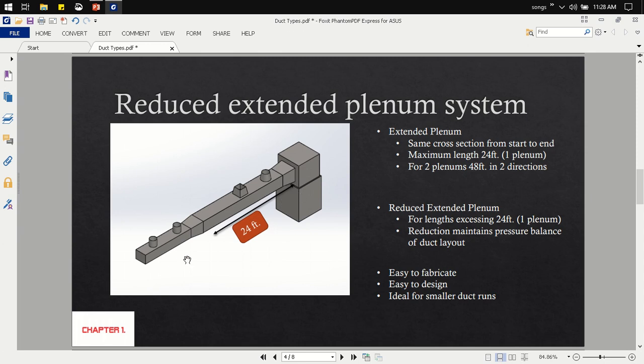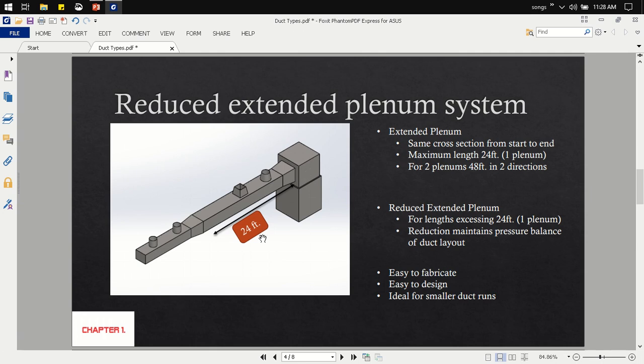Using the reduced extended plenum system reduces the insufficient airflow for the branches near the air handler unit. When an extended plenum system is longer than 24 feet without a reducer, it tends to reduce the airflow of the branches near the air handler unit, and the reduced extended plenum system compensates for that.